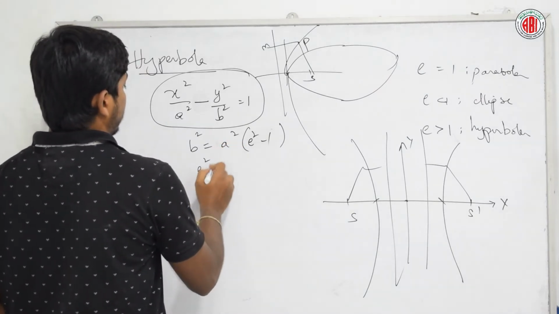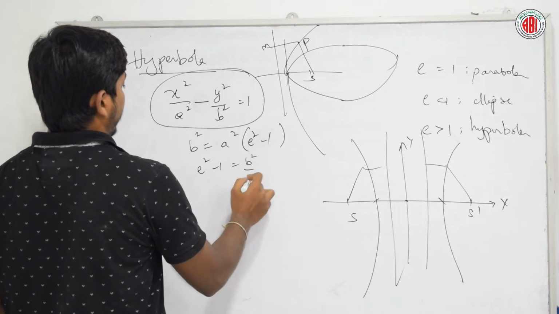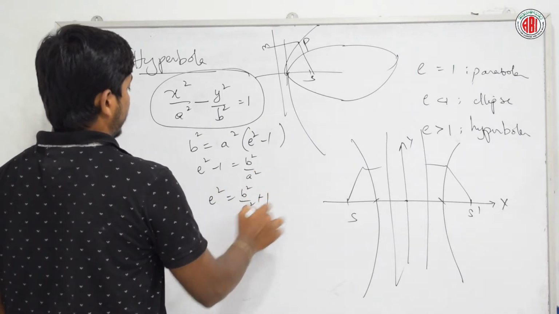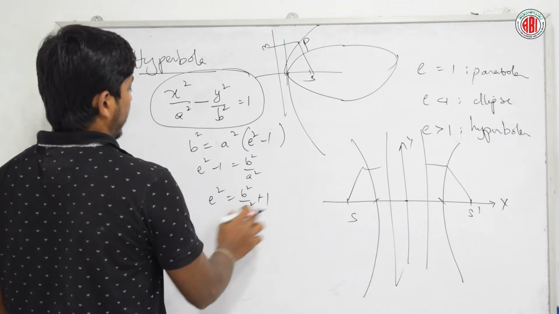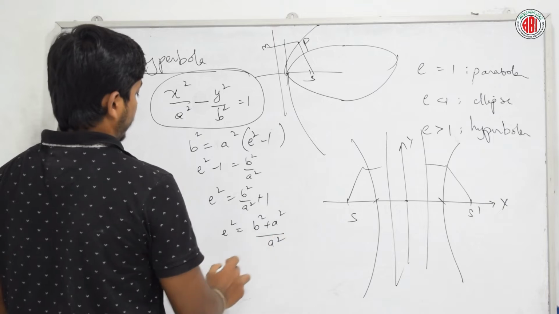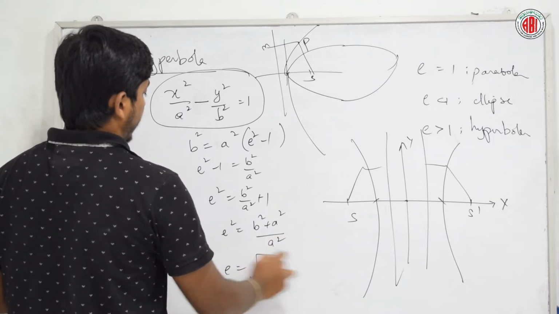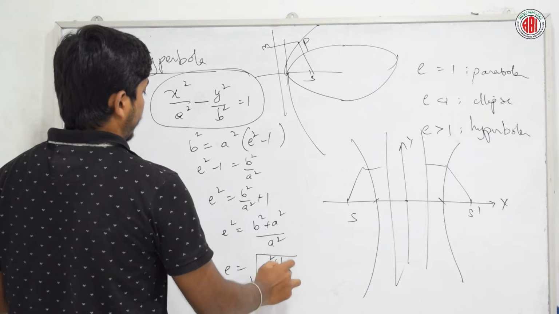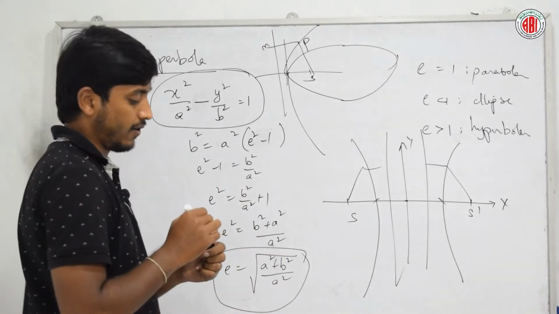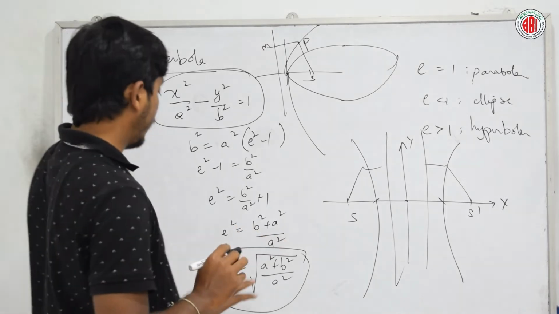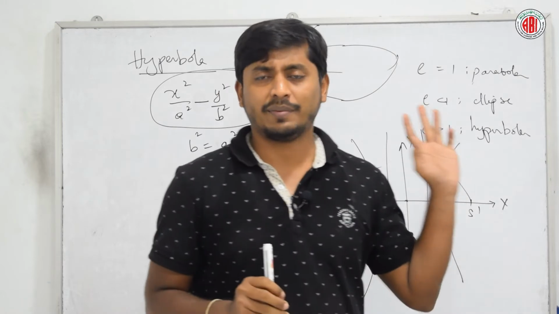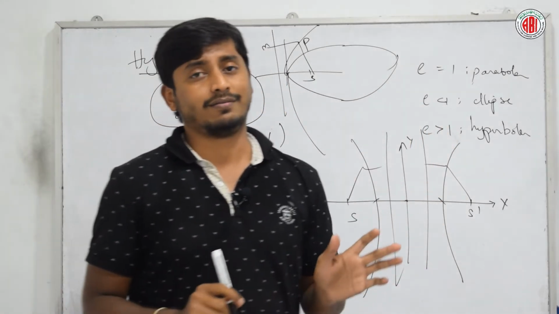What do I get? e square minus 1 is equal to b square by a square, so e square is equal to b square by a square plus 1. Take the LCM: e square is a square plus b square by a square. So e is under root a square plus b square by a square. This is my eccentricity formula. This is the only difference between the formulas of hyperbola and ellipse. All the remaining story is the same.